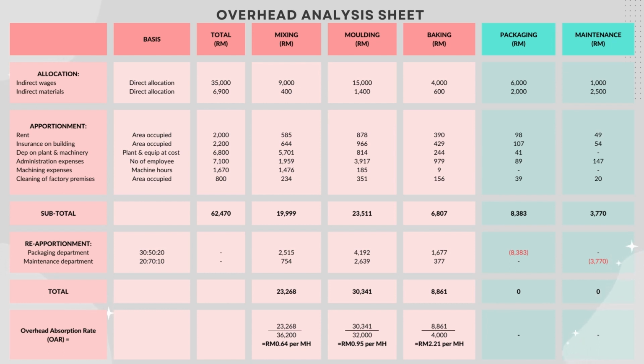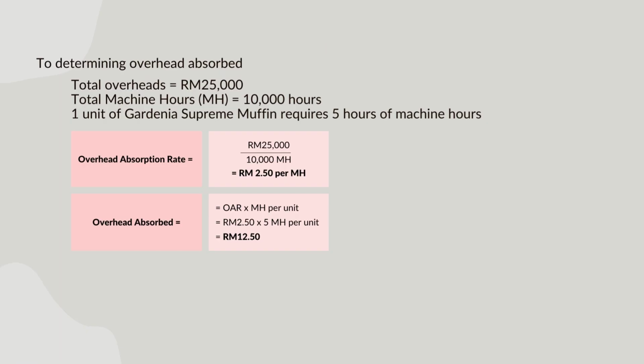As you can see, the overhead absorption rate, OAR, for the mixing department is 64 cents per machine hour, for the molding department is 95 cents per machine hour, and RM 2.21 per machine hour for the baking department. These results come after the process involved, which is allocation, apportionment and reapportionment.